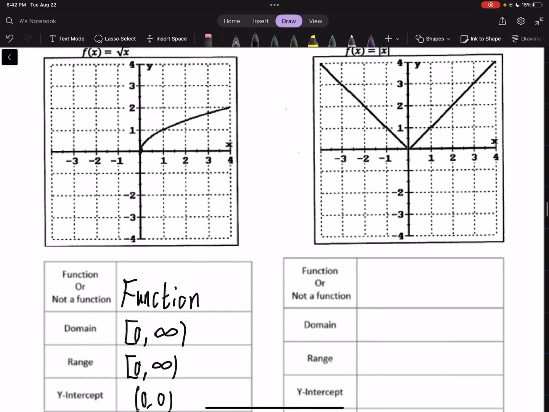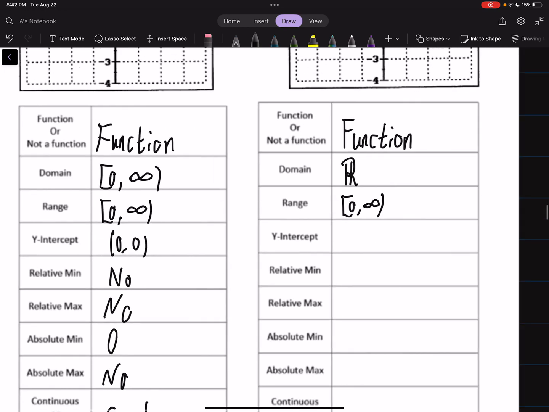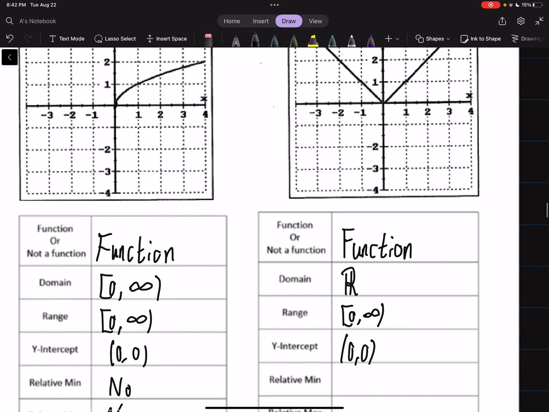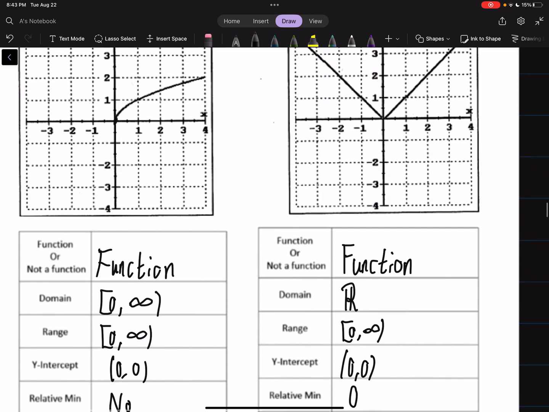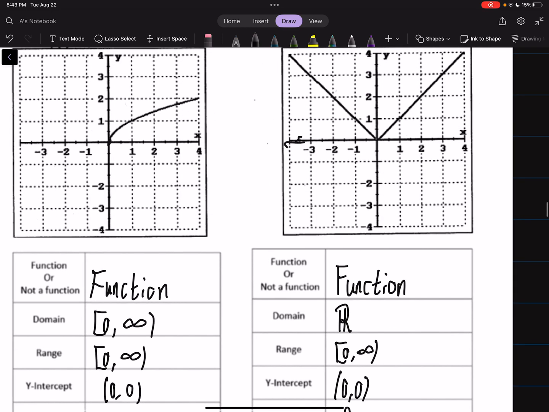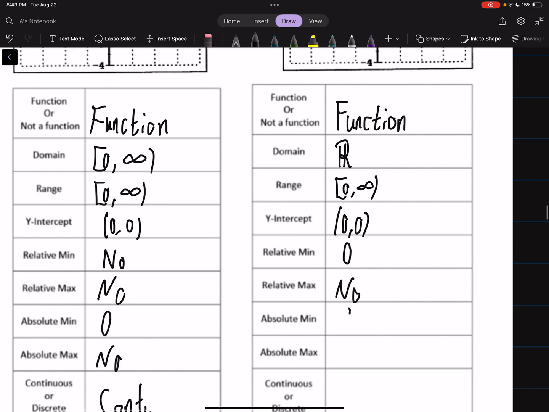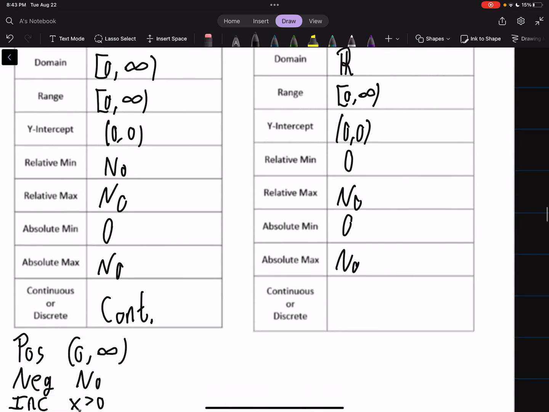Alright, absolute value. It is a function. Domain, all reals, range, 0 to infinity, y-intercept, 0, 0, relative minimum, 0, no max, absolute minimum, again, lowest point, so 0, no max, continuous.